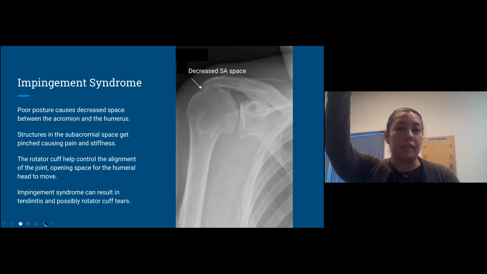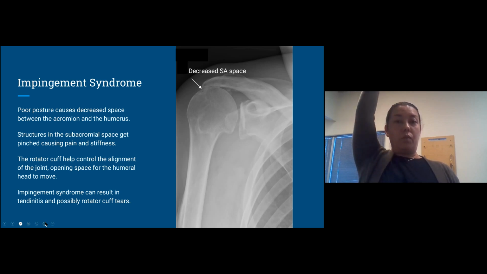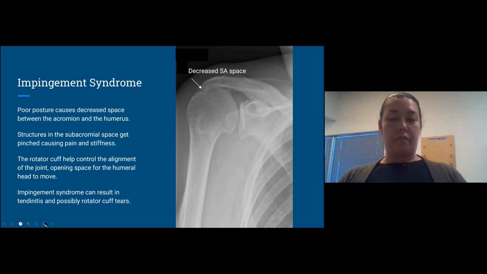And the reason is because in that position, that joint space is narrowed and you just don't have the mobility there. You can't get it past. But if you sit or stand up really tall, pull your shoulder blade back, you can reach all the way up because now that joint space is more open. Pretty cool. So it is the rotator cuff muscles that help to maintain the joint space in this neutral open position.